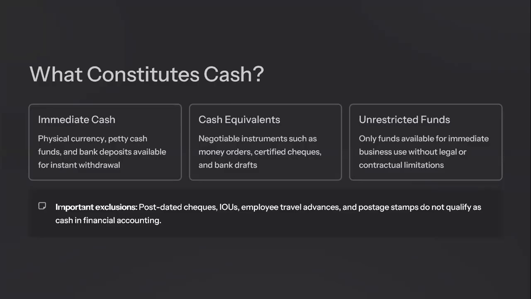So the cash has three forms: the liquid cash, nearby cash, and some funds which can be converted into cash. I'm not explaining this concept because it's already repeated and you know it.